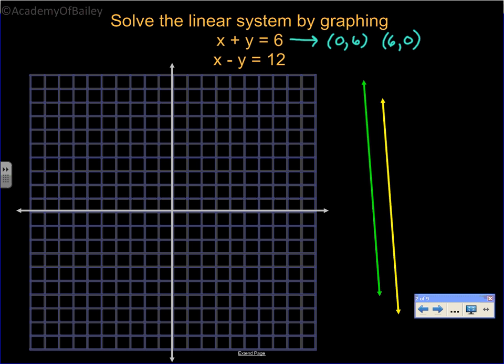So there we have your two intercepts. You were just graphing or finding your intercepts. And there we have the line. And this is what we have.